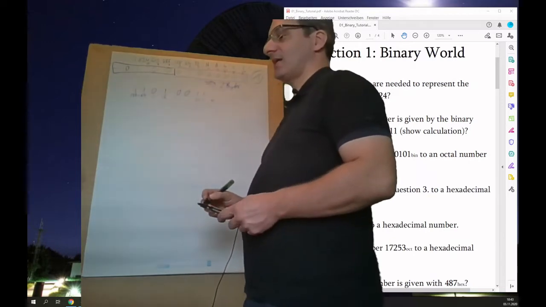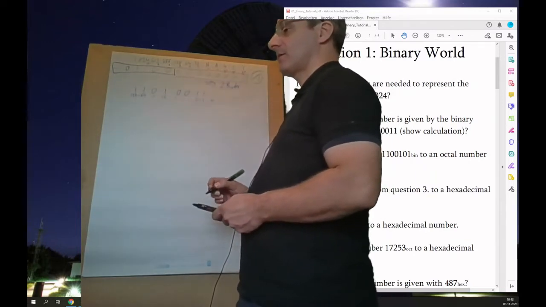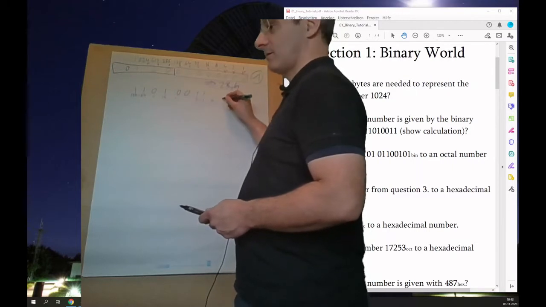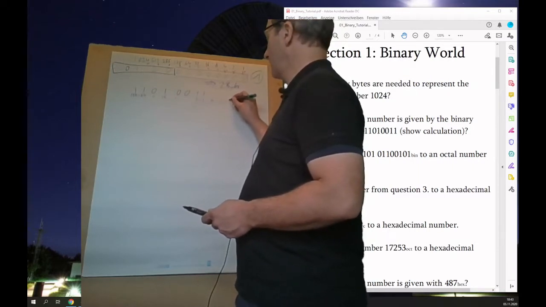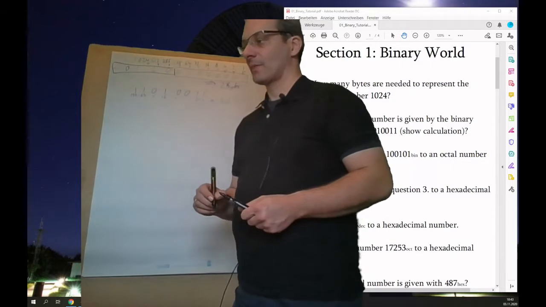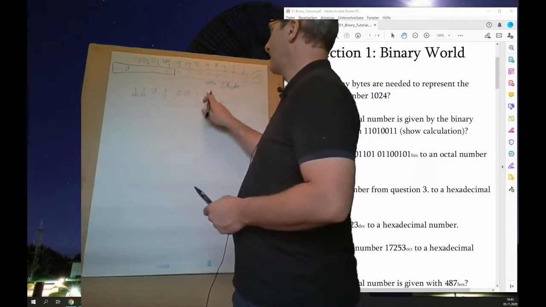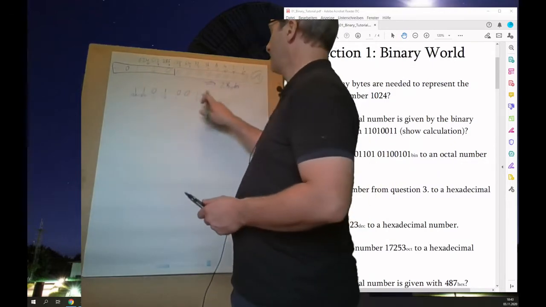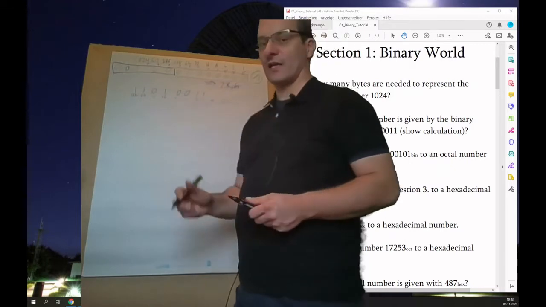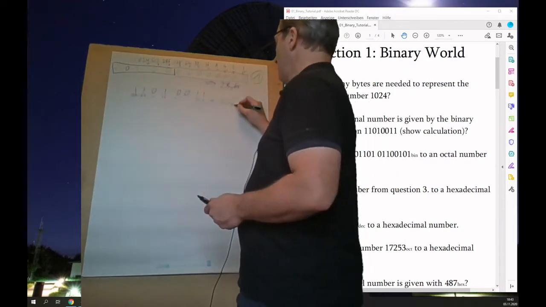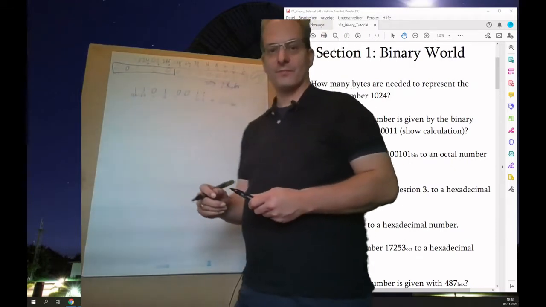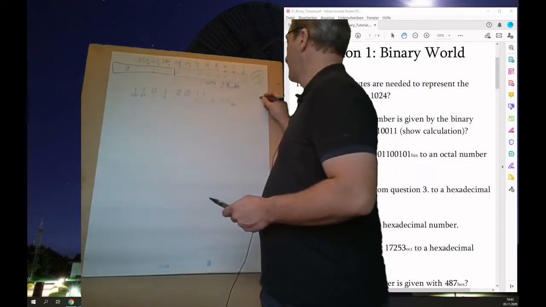And what we get is 211. So the binary representation here is 211 in decimal.